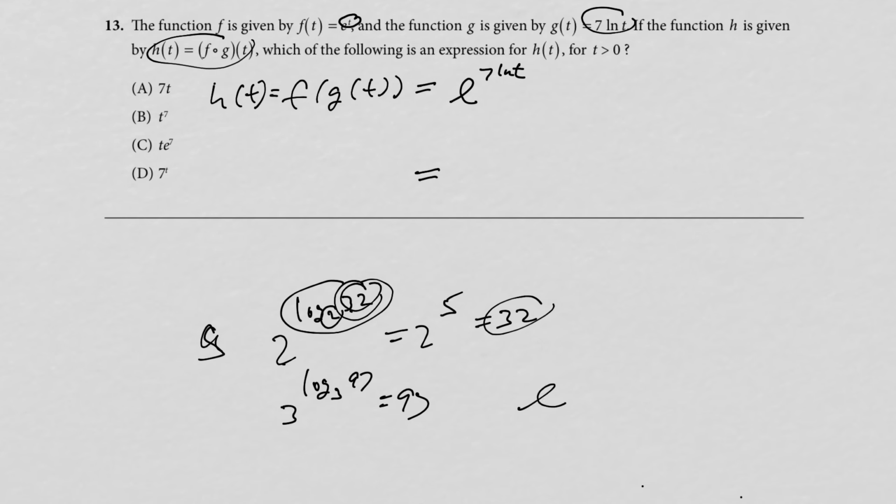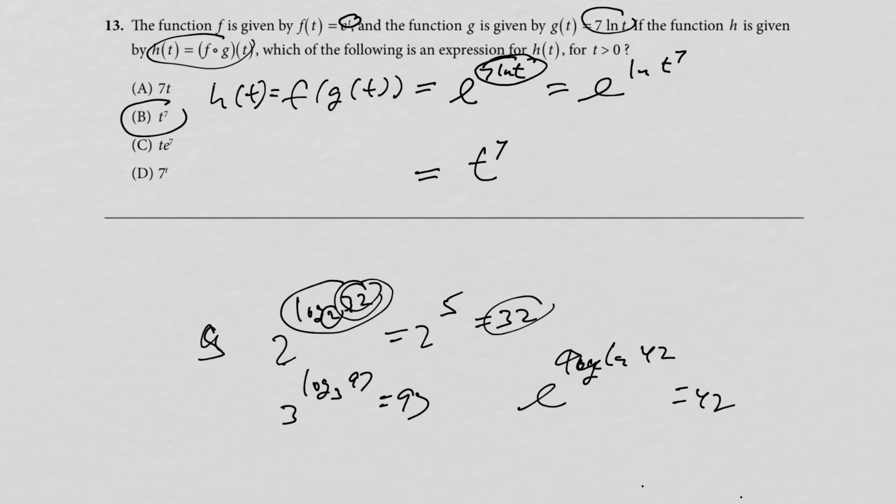Or e to the ln of 42 would be 42. So I take this e to the 7 ln t, and there's a rule of logs that you can bring the exponent up. Then I can use the fact that e to the ln of t to the 7th is just t to the 7th. And that's actually a pretty hard question.